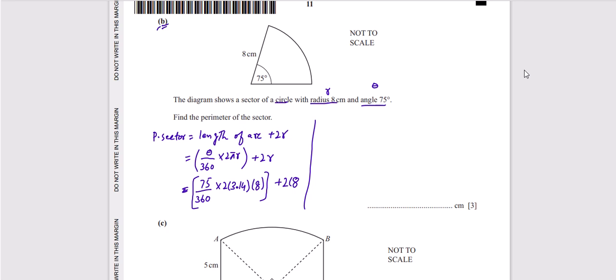Calculate these values, we get 10.46 plus 16. 2 multiplied by 8 is equal to 16. Add these values, we get 26.46. That is the final answer, 26.46.